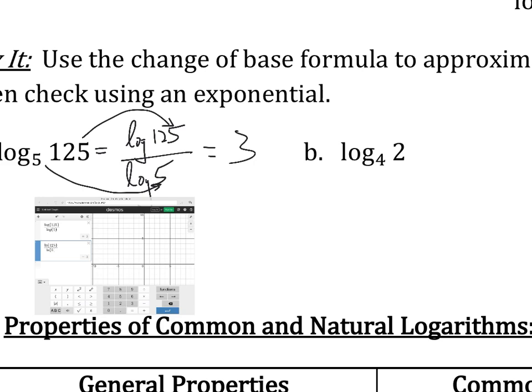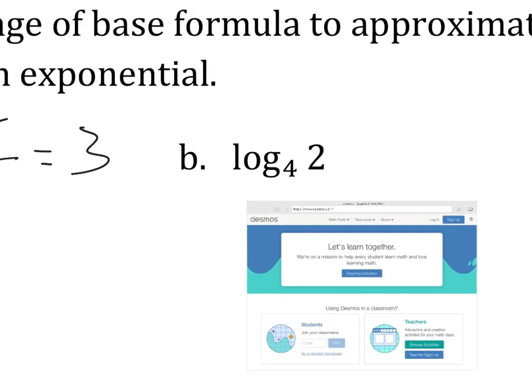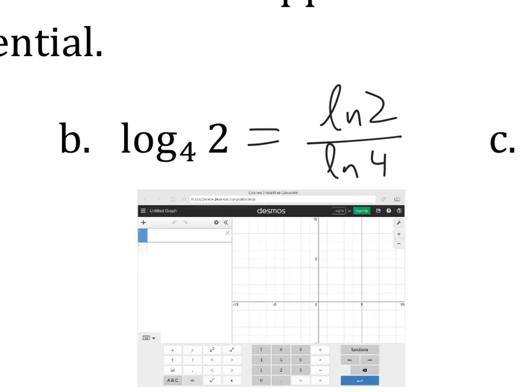Okay, so now let's come on over here and try this one. Log base 4 of 2. Well, this is the natural log of 2 over the natural log of 4. That's just a cursive ln there. All right, so let's go try that out.